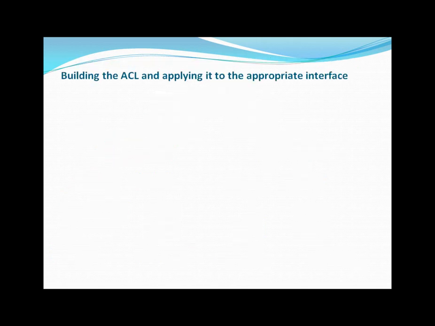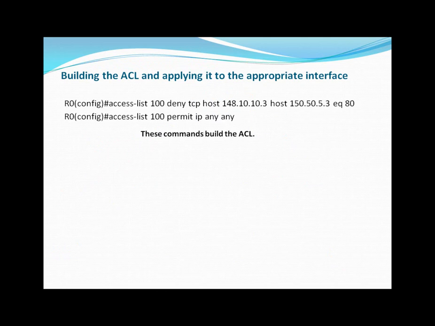Building the ACL and applying it to the appropriate interface. In router 0, at the global config prompt, access-list 100, deny TCP host 148.10.10.3, host 150.50.5.3, EQ 80. Access-list 100, permit IP any.